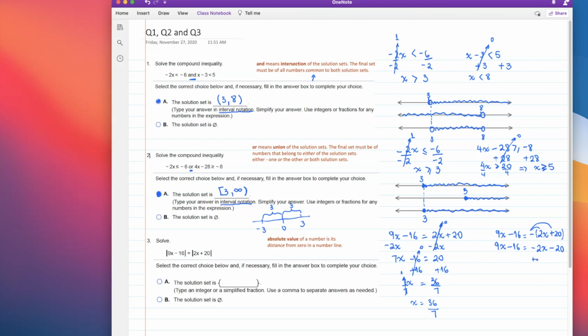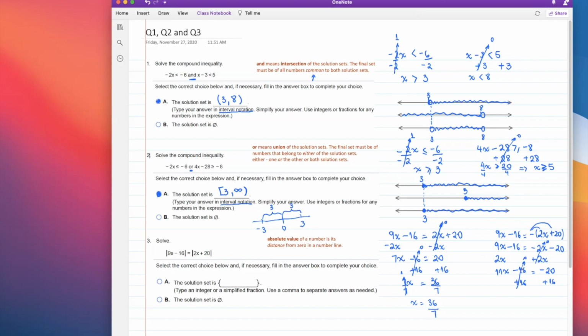So if it is a negative 2x, I do the opposite, a positive 2x on both sides. Now I have 11x minus 16. These cancel each other, and on the right side negative 20. Now this term I want to be gone, so then I add 16 on both sides.